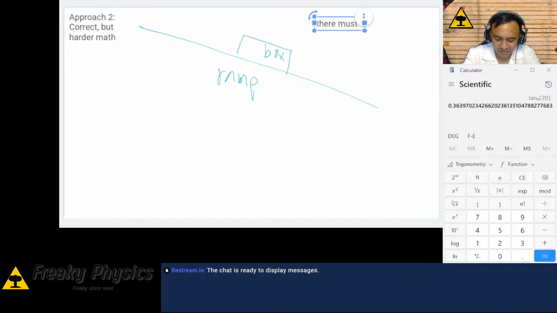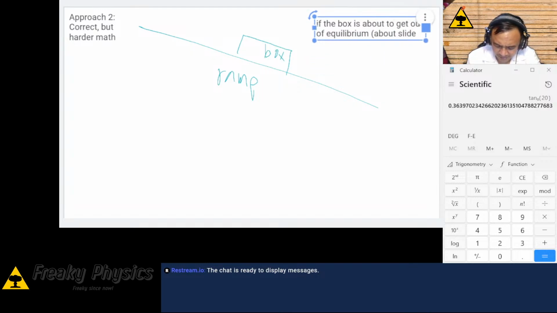Or better yet, I'm going to start with the box. If the box is about to get out of equilibrium, in other words, it's at equilibrium but with just a little more push it's going to slide, right?